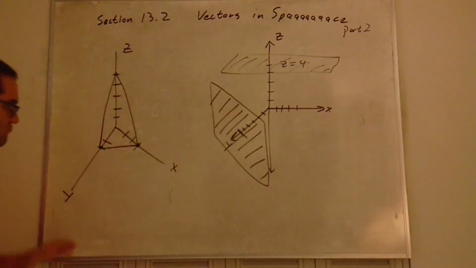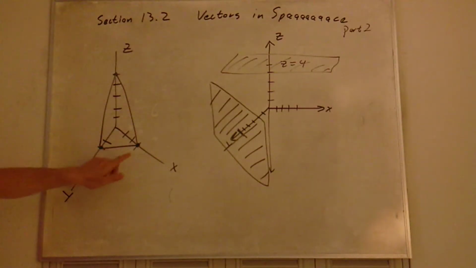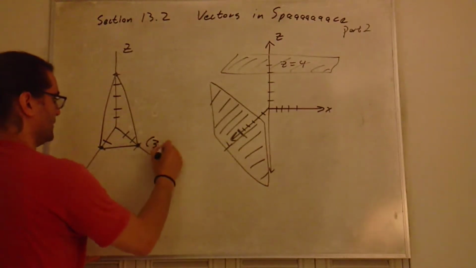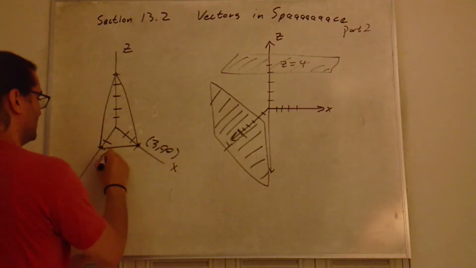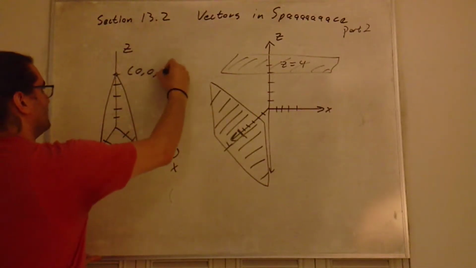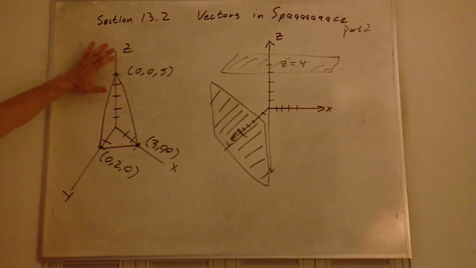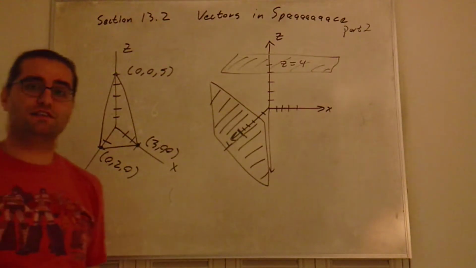You can get planes that sort of look like triangles in the first octant pretty easily by looking at the plane that goes through (3, 0, 0), (0, 2, 0), and (0, 0, 5). So if you sort of just connect 3 dots, you'll always get a flat plane. And in this case, you get a plane that's sort of slanting downwards. I did just say the word octant.